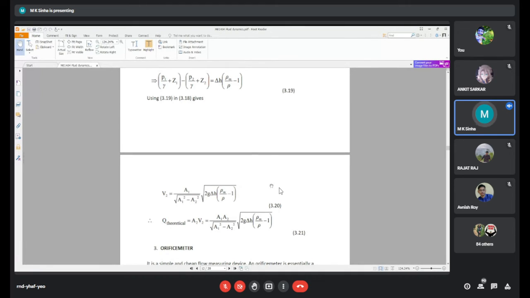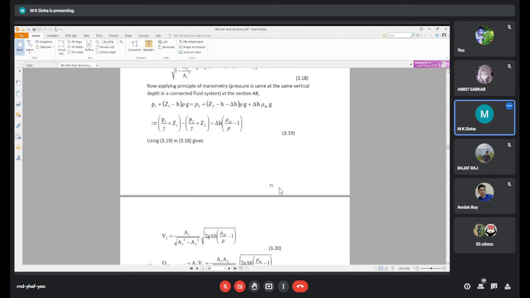That's why it is written as theoretical discharge, A2 into V2. When we study the coefficient of discharge, coefficient of velocity, and coefficient of contraction, we will again discuss theoretical discharge and actual discharge.